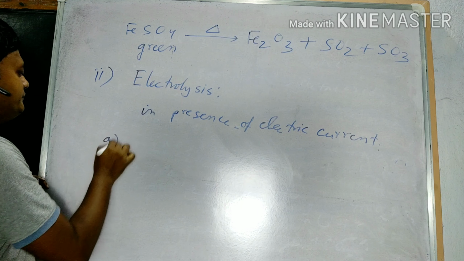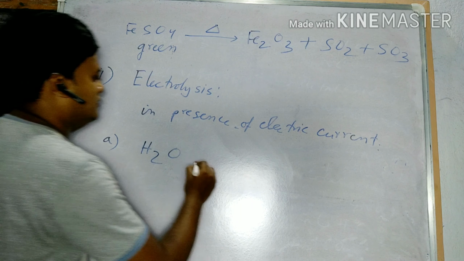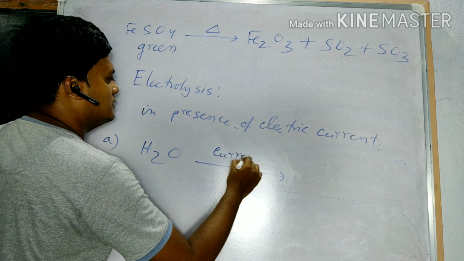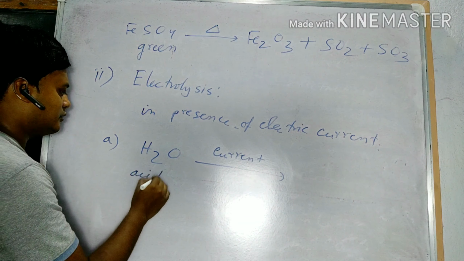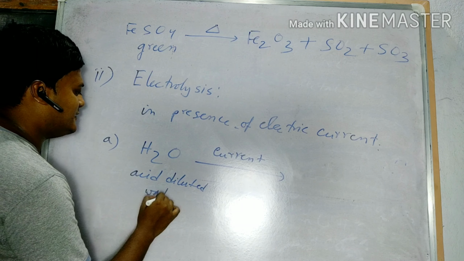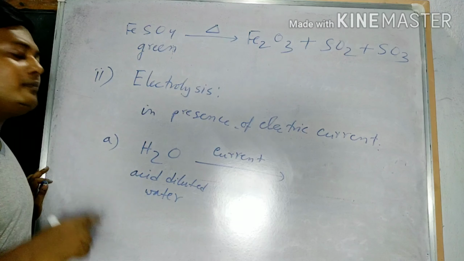First example, water, when we pass current through acid diluted water. Acid diluted water. That means in that sample of water you have to add a few drops of acid.